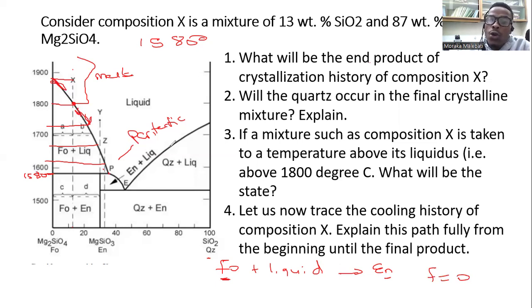But now we know that the degree of freedom is just... what is that formula? I think it should be C minus P plus 2. Okay, let's experiment with that.